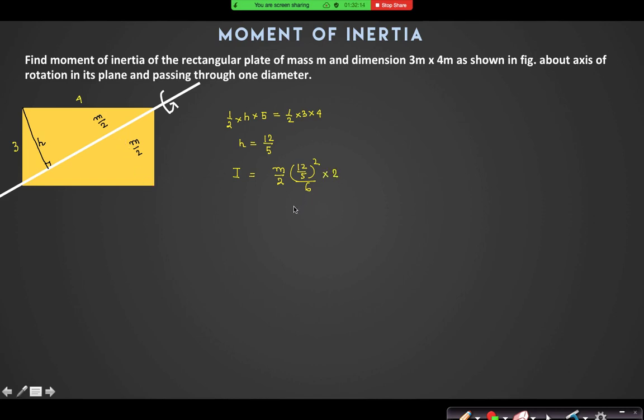Into 2. So what we will get? 144 by 150, 2 gets cancelled out. So 144 divided by 25 into 6 m. So that should be 24 by 25 m.